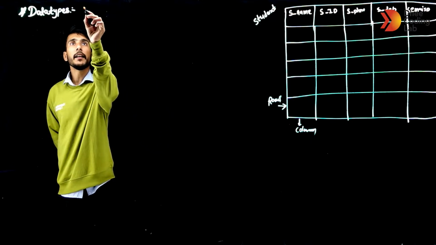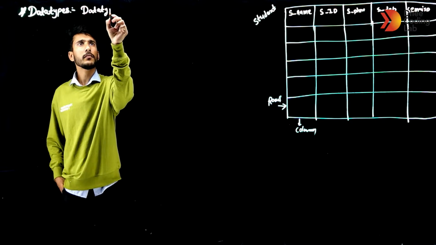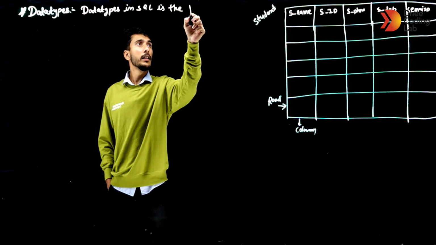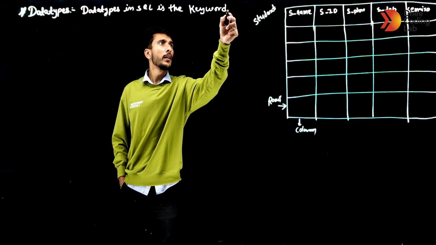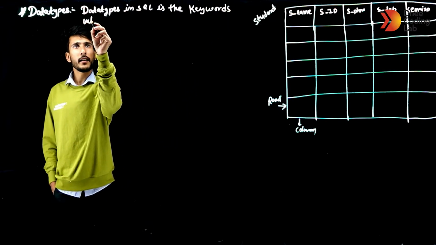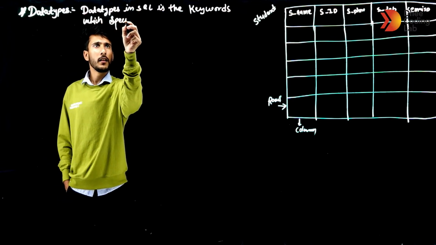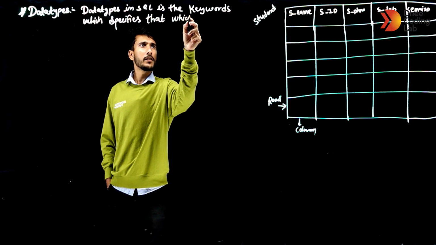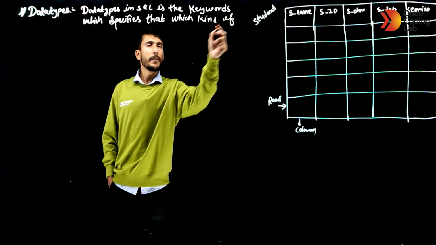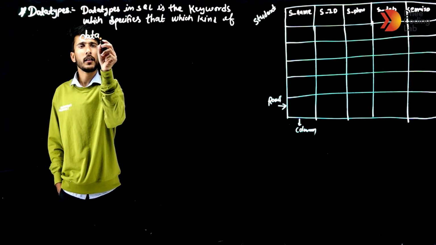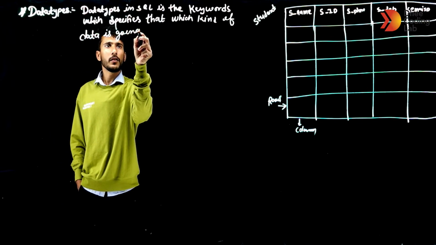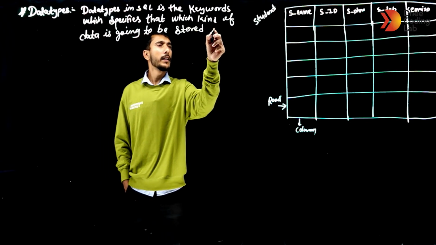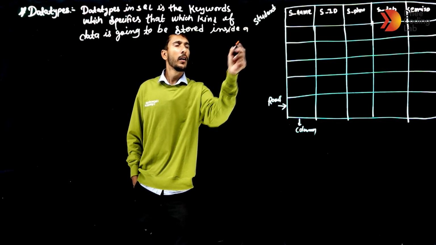So what are data types? Data types in SQL are the keywords which specify which kind of data is going to be stored inside a column.